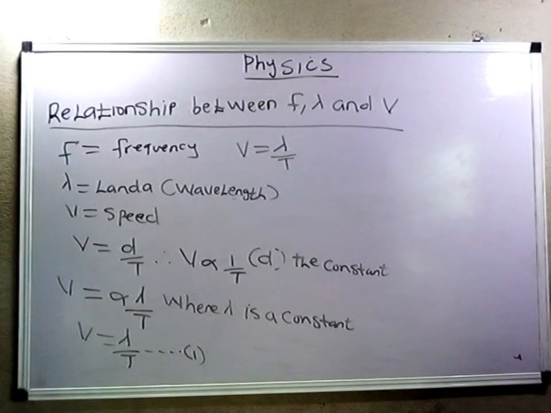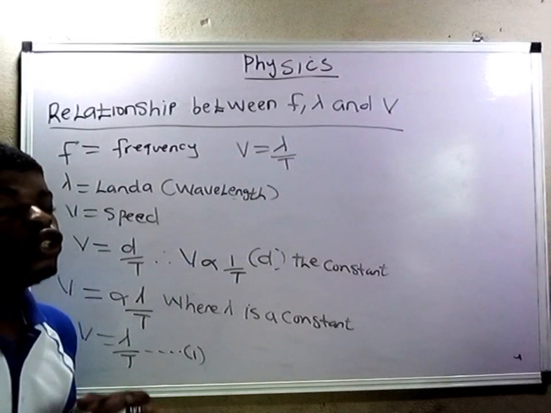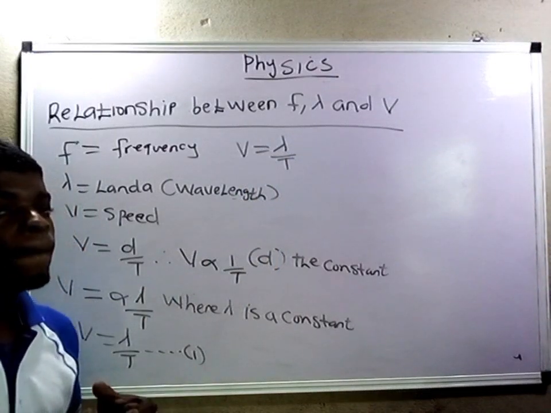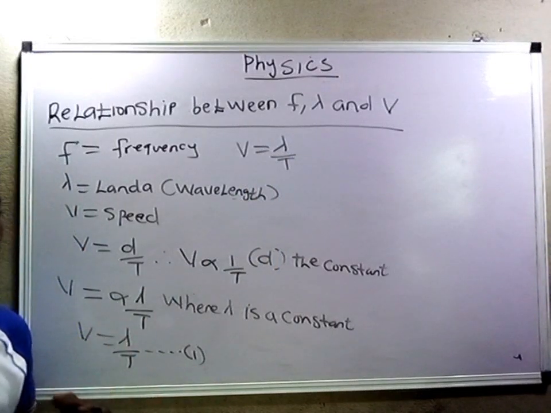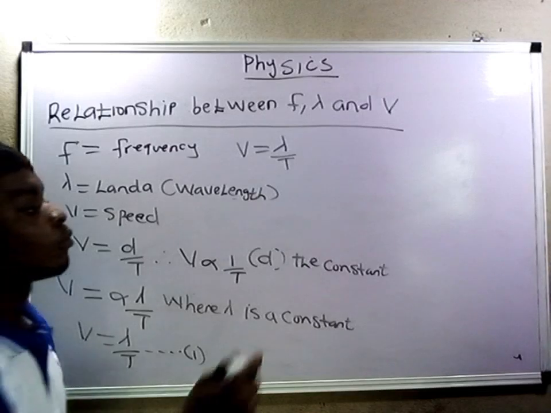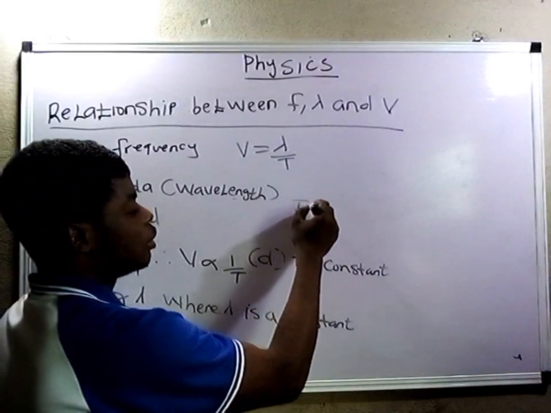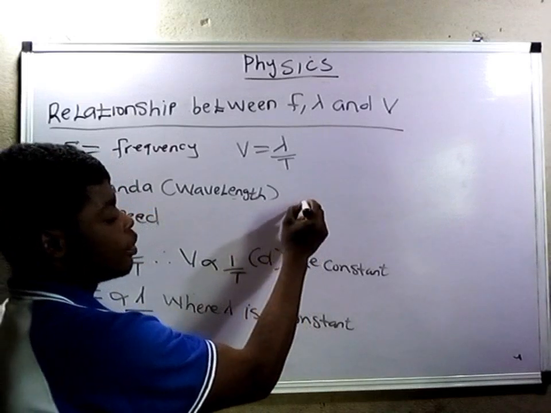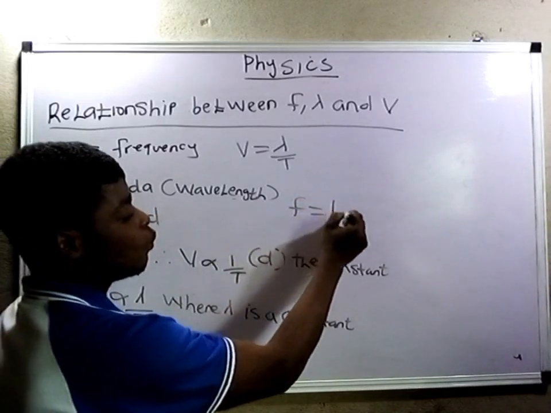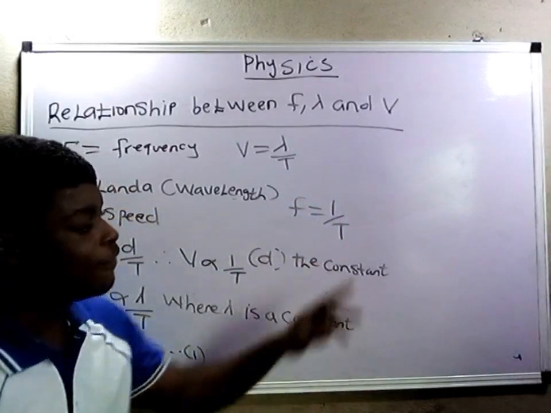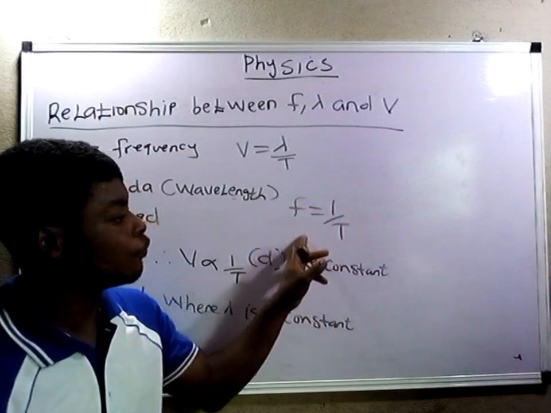For the second one, you know that this thing is called your period, and frequency is equal to 1 over period. That means the inverse of period will give us frequency.